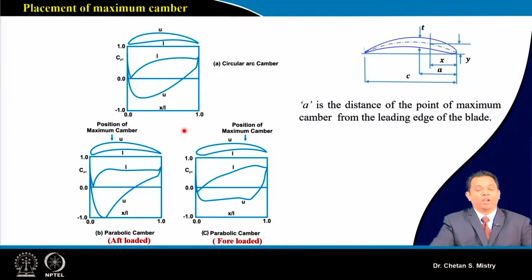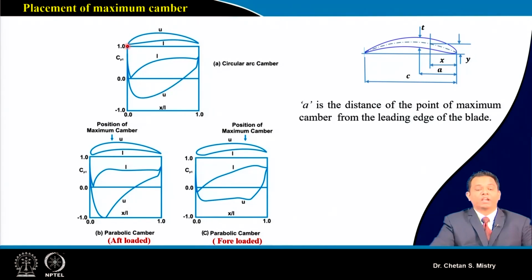Now we have discussed the maximum camber location. Here is one of the aerofoils, with a circular arc camber line. This represents what is happening on the pressure surface, and this represents what is happening on my suction surface.